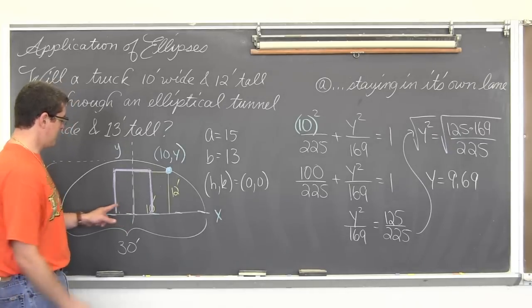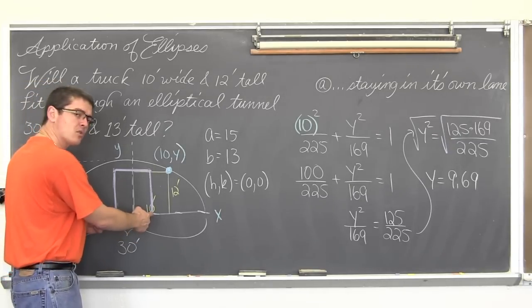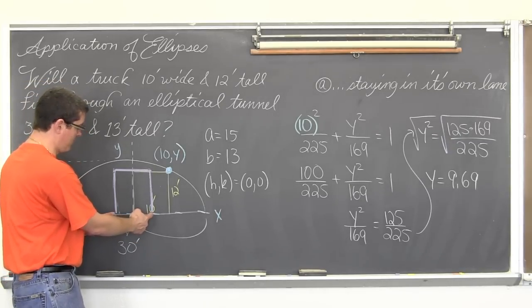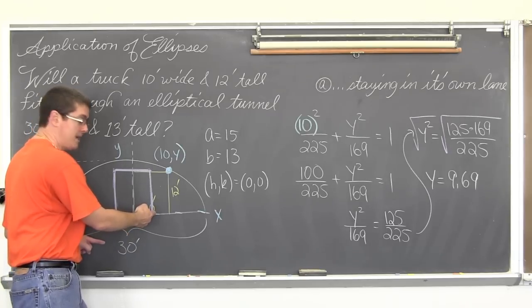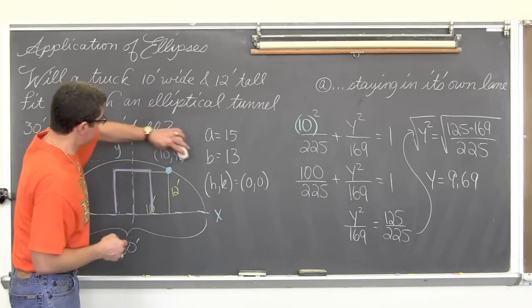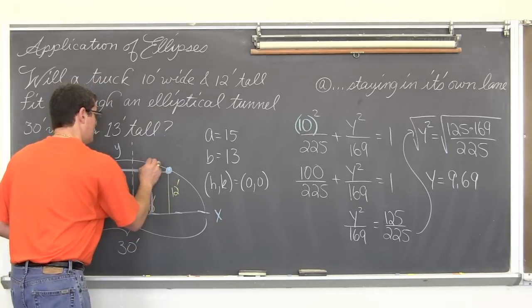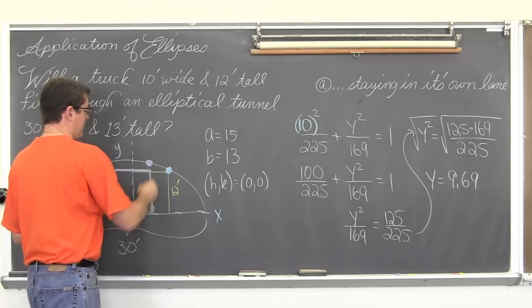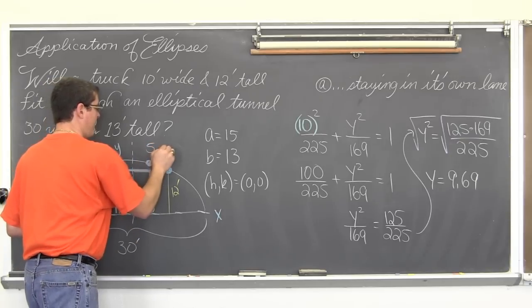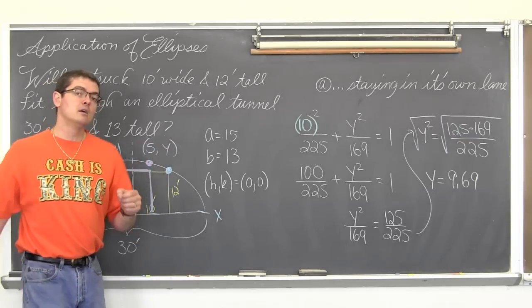Or, let's see, a 10-foot wide truck driving right through the center of the road would mean that 5 feet are to the left and 5 feet are to the right. So if the truck drives through the center of the tunnel and basically just blocks both lanes, what is the height of the tunnel 5 feet off? Will the truck fit there?